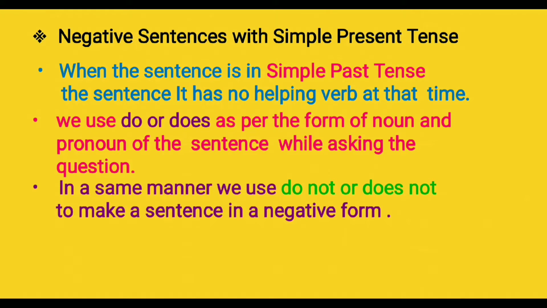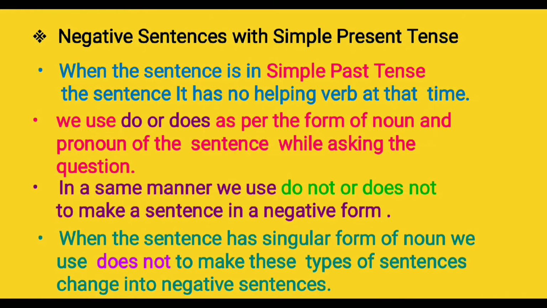In the same manner, if we want to make the sentence negative, we also use do and does, but with not. After do we use not, after does we use not. We use does with a singular noun or pronoun, and with the plural form we use do.